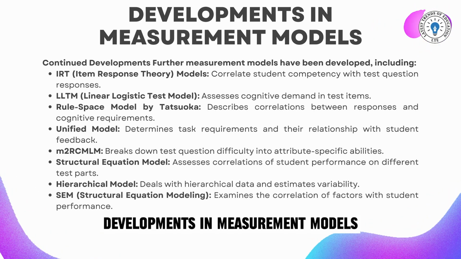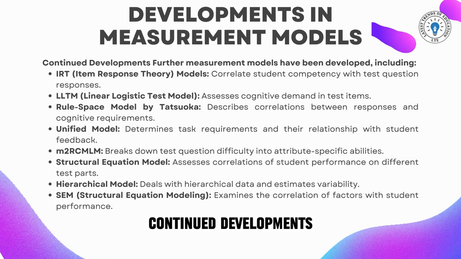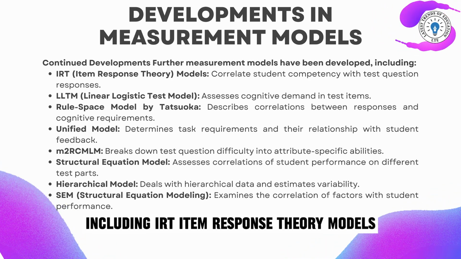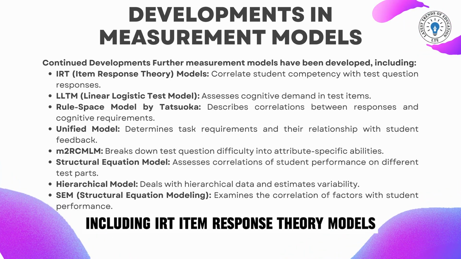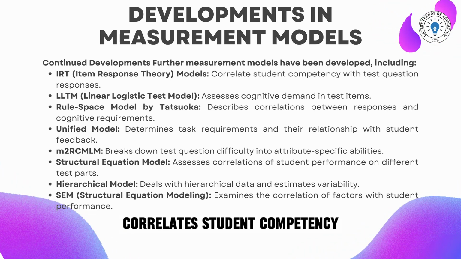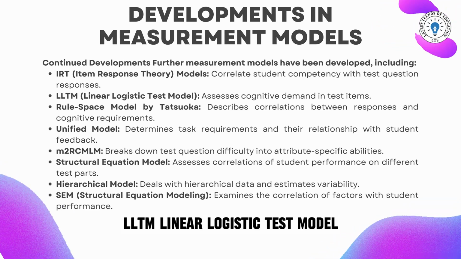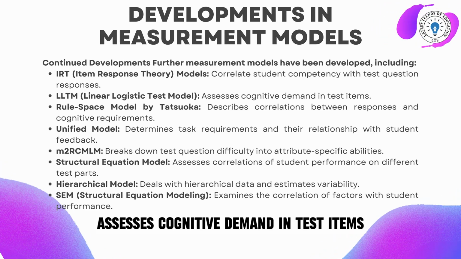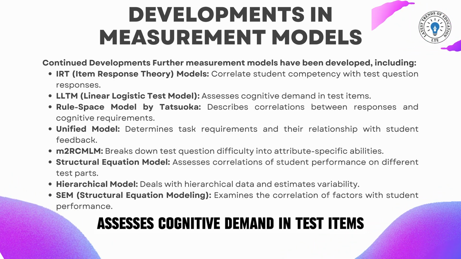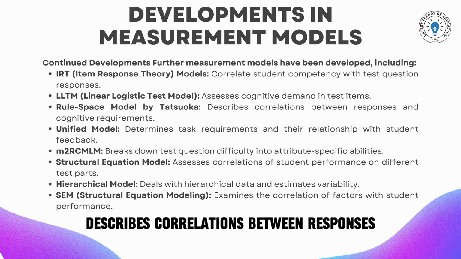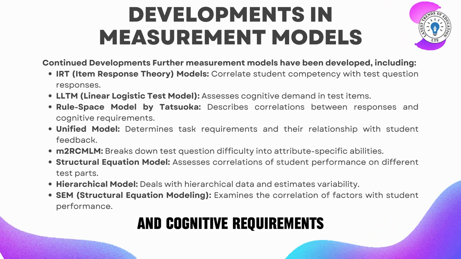Developments in measurement models: continued developments. Further measurement models have been developed, including IRT, item response theory, models, which correlate student competency with test question responses. LLTM, linear logistic test model, assesses cognitive demand in test items. Rule-space model, by Tatsuoka, describes correlations between responses and cognitive requirements.